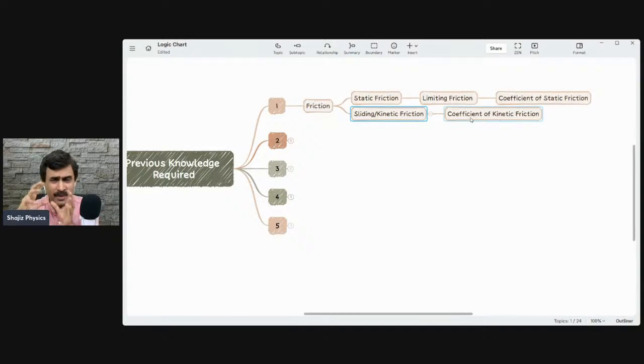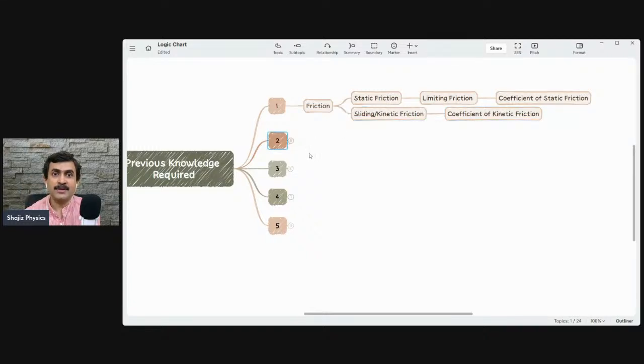So if the student has absolute clarity related to all these topics and parameters, like the coefficient of static friction and coefficient of kinetic friction, then only a student will be able to approach this kind of question with confidence and clarity.